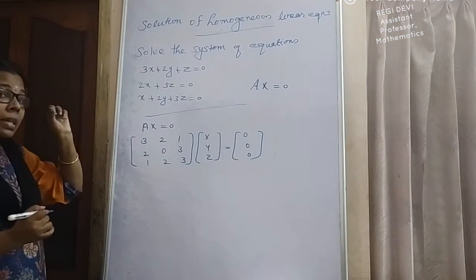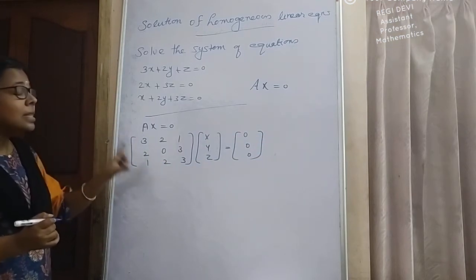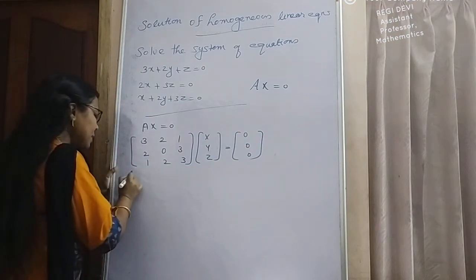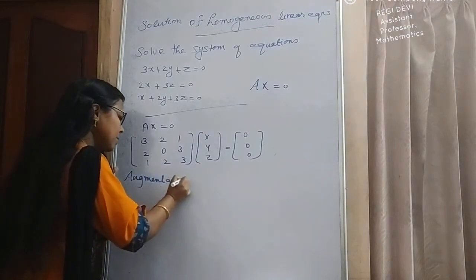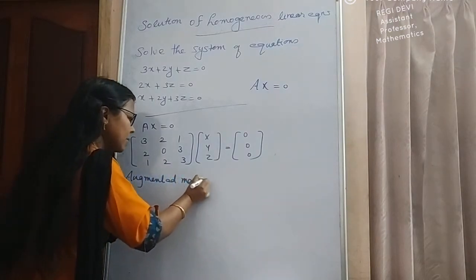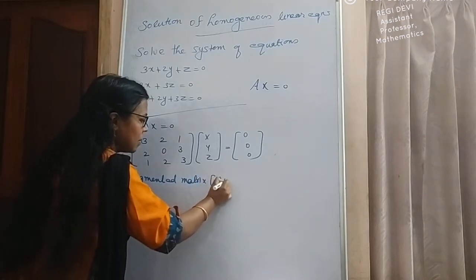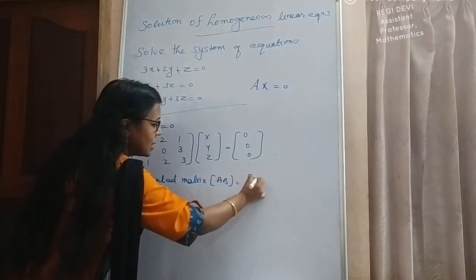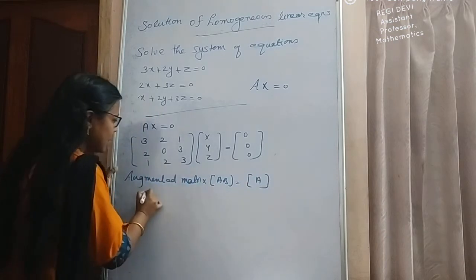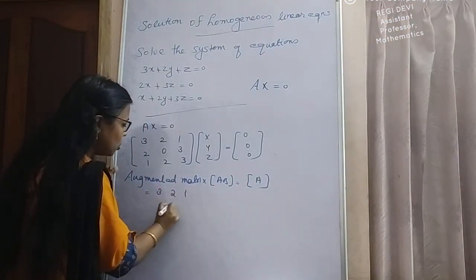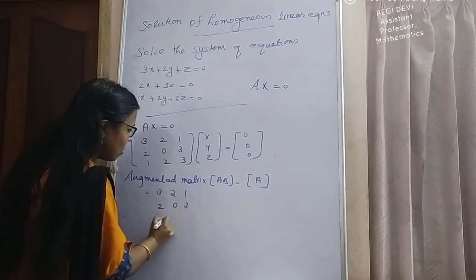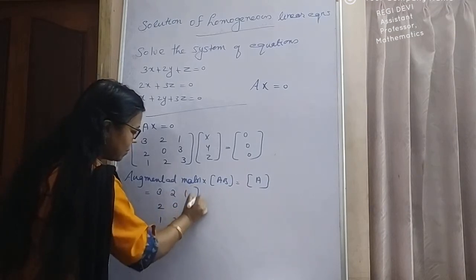Here the augmented matrix AB is the matrix A itself. Matrix A is 3, 2, 1; 2, 0, 3; 1, 2, 3.